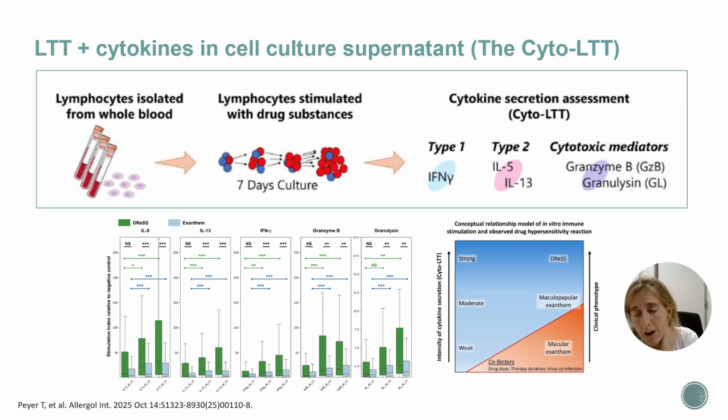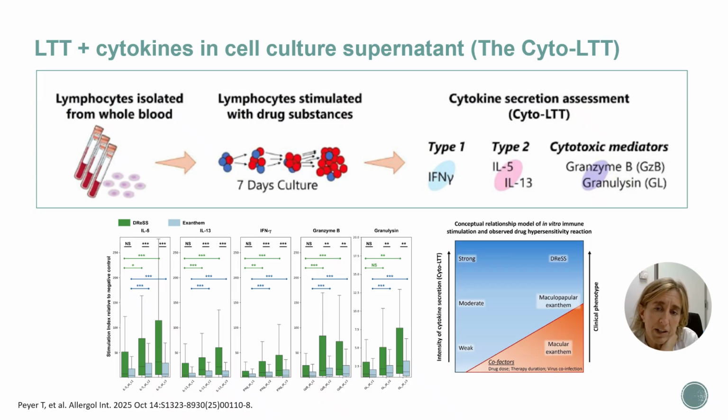It has been proved that with interferon gamma, IL-5, IL-13, and cytotoxic mediators detection, granzyme B and granulysin, we can better characterize and phenotype the different reactions that can occur.